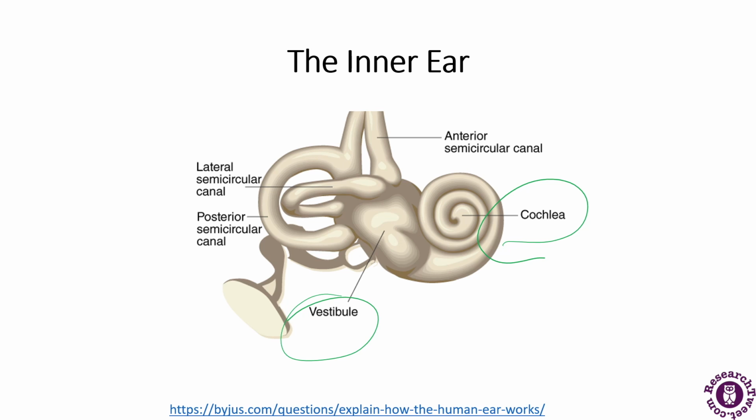The sound waves travel through the oval window before entering the inner ear, and the inner ear has tubes and passages in a maze, which is known as the labyrinth. These vibrations reach the cochlea and are converted into electrical signals which are sent to the brain by the auditory nerve, and the brain interprets them as sound.